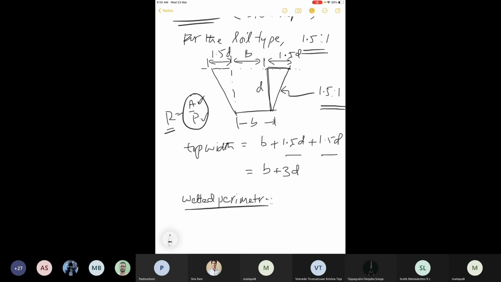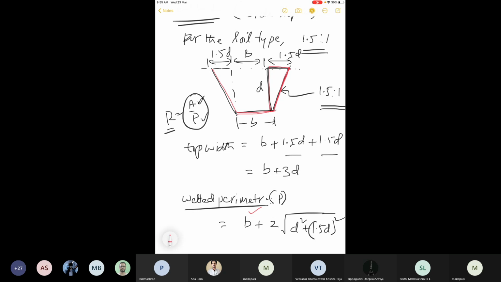So the wetted perimeter, let's say P, will be B plus 2 into square root of D square plus 1.5D whole square. Okay, how do you get this? The wetted perimeter will be from this point to this point to this point. This is the wetted perimeter. So this length is known, that is B. And now how to get this length? If you see, this is the triangle portion, right?